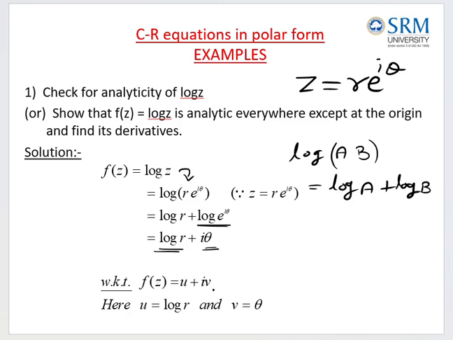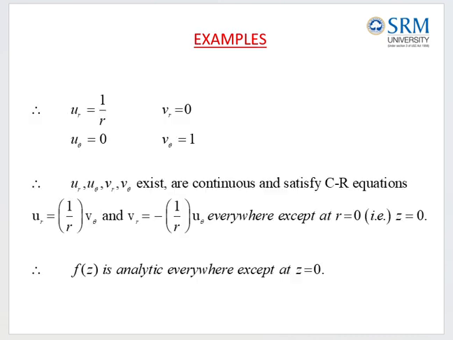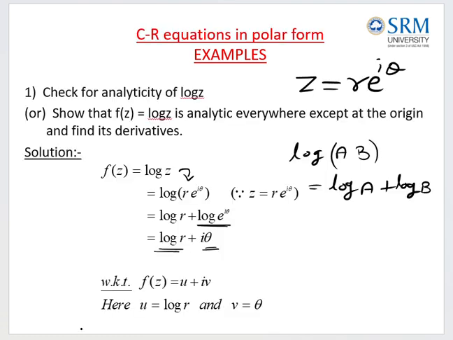Now we need to find the first order partial derivatives of u with respect to r, u with respect to theta, v with respect to r and v with respect to theta. If I differentiate u, log r, partially with respect to r, that is dou u by dou r. If you differentiate log r, you will get 1 by r.